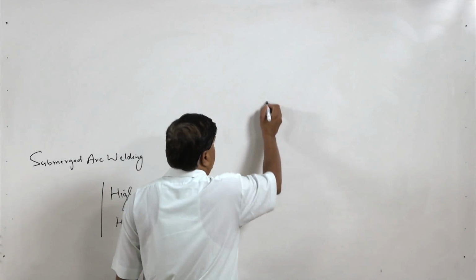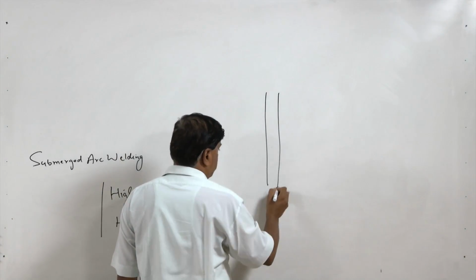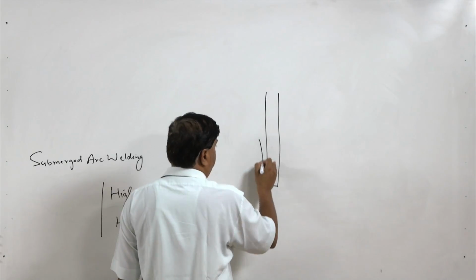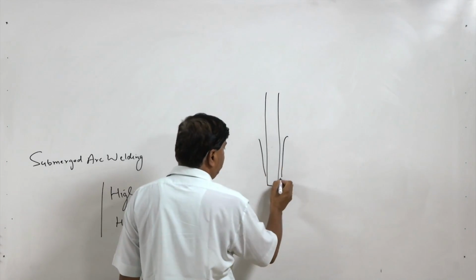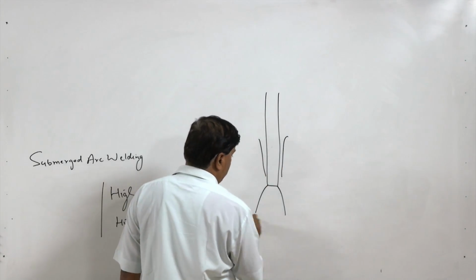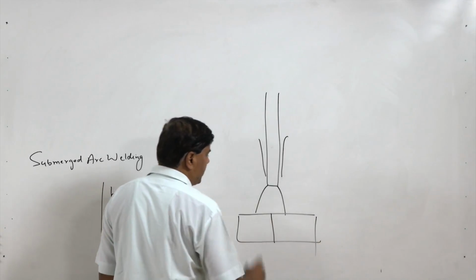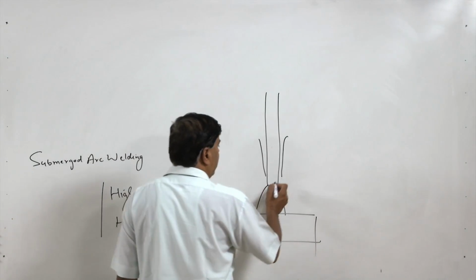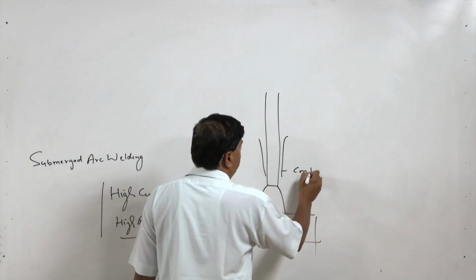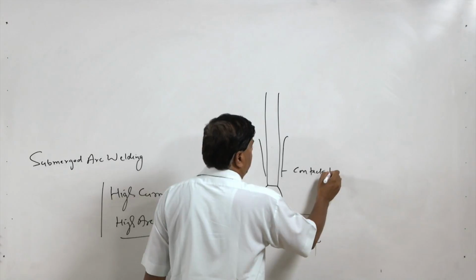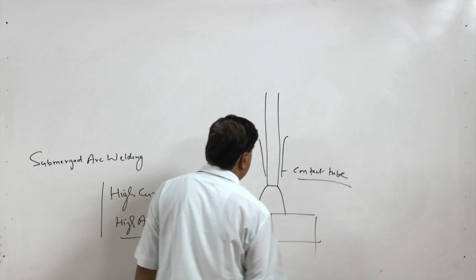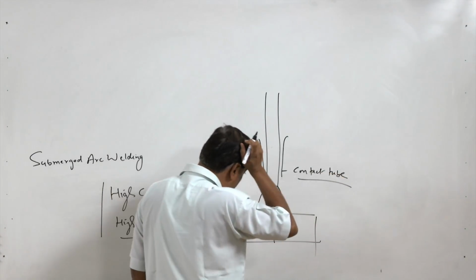In this case, the electrode is fed through the rollers, then here is the arc, this is our workpiece, say the plates to be welded, and here the contact tube will be feeding the current to the electrode.